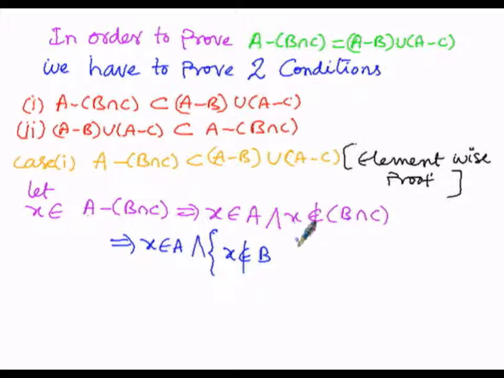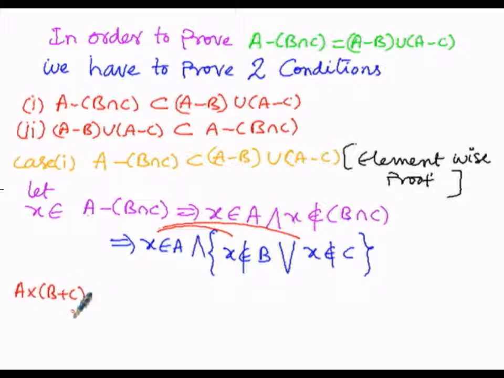So here x does not belong to B, and instead of intersection I want to write union. The union symbolic notation is 'or', then now x does not belong to even C. Then now the application, that is nothing but the A into B plus C.